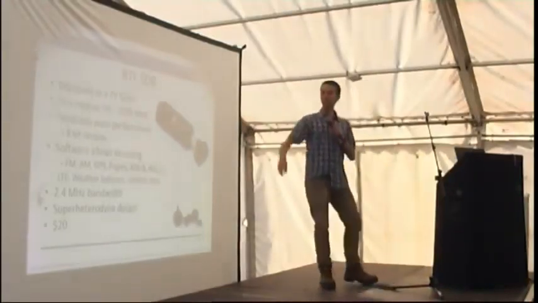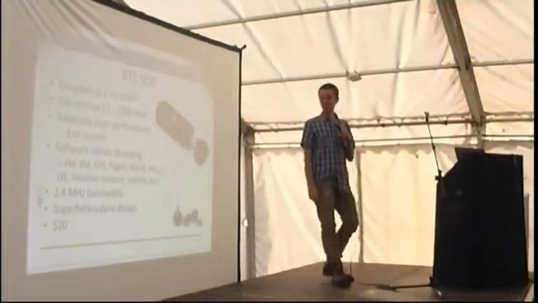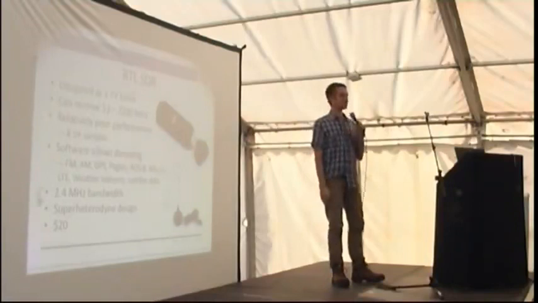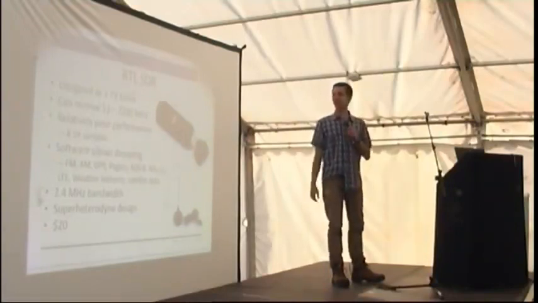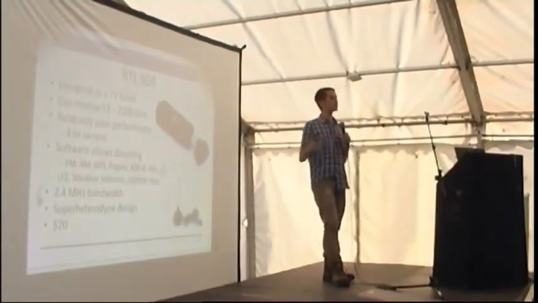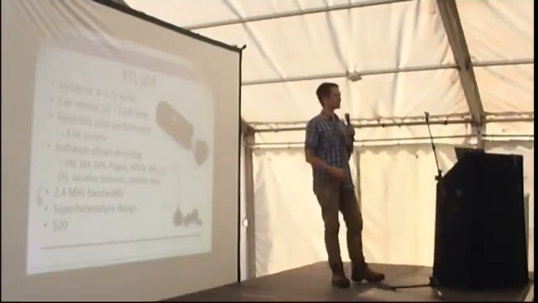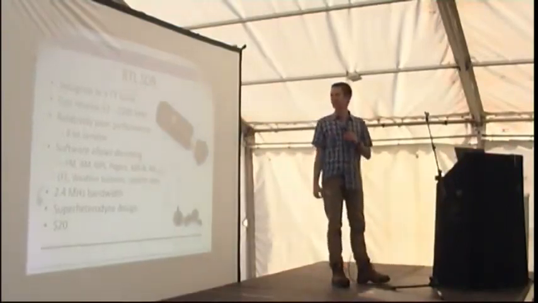It has relatively poor performance, but honestly, for 15 pounds, who cares? You can actually receive GPS. I don't know how. I don't know why. Magic. Lots of magic. But FM, AM radios, pagers. So if you're near a hospital or something, you can actually read the pagers, or near some business which still uses pagers.